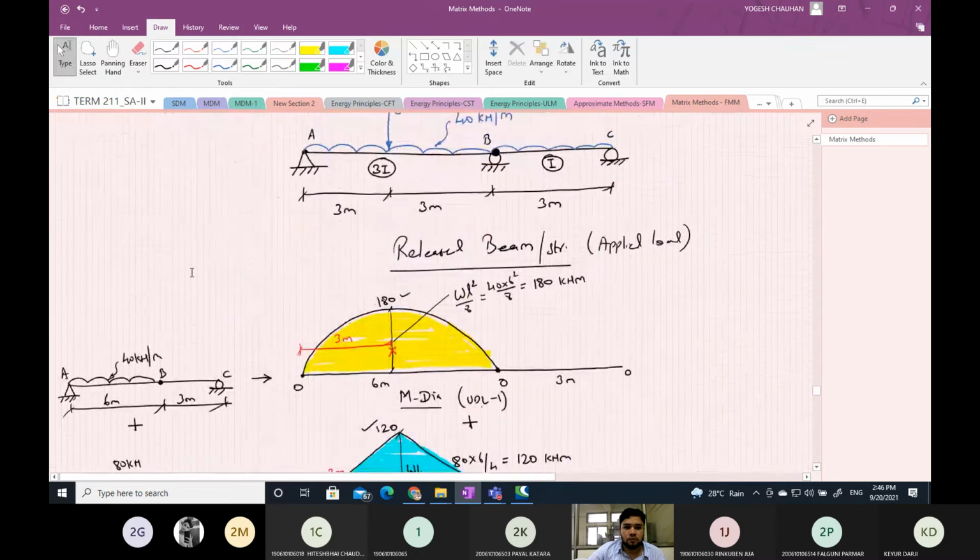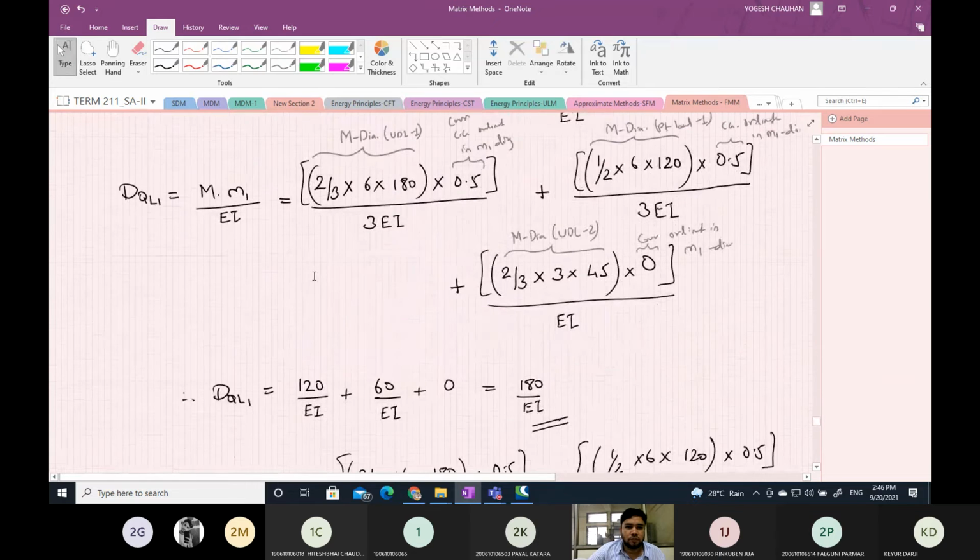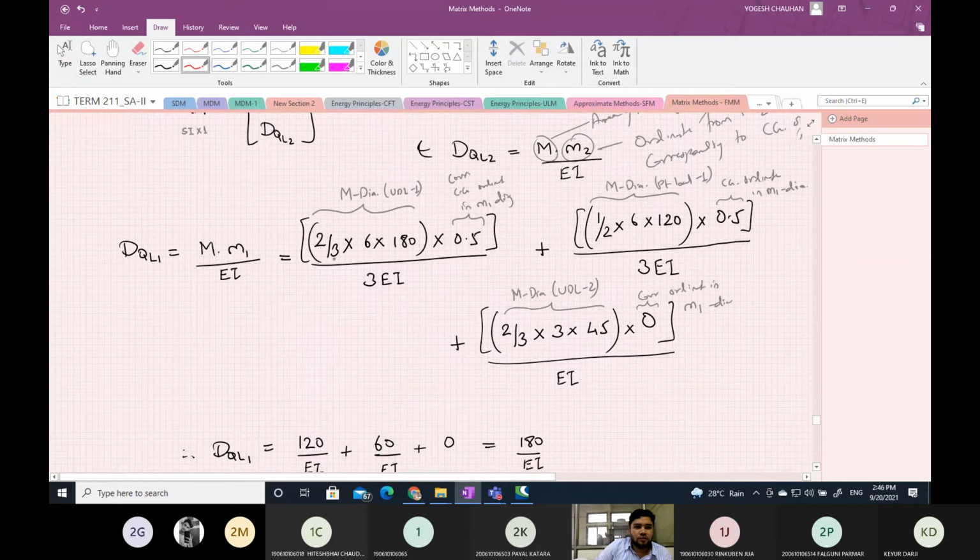Okay, so you can also see for the DQL matrix, you have to take this capital M diagram of UDL1. So this is hatched in yellow. You have to take this yellow hatched area.